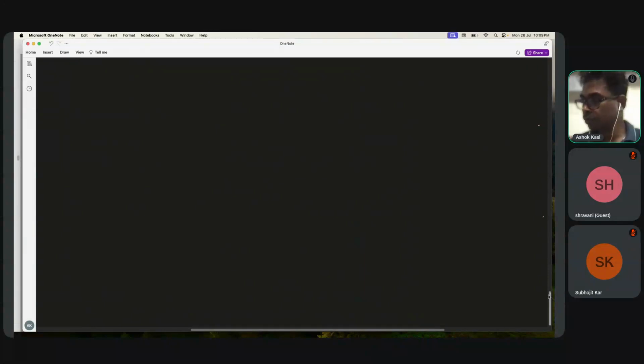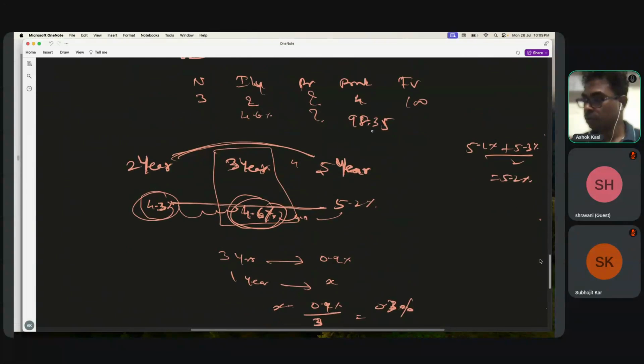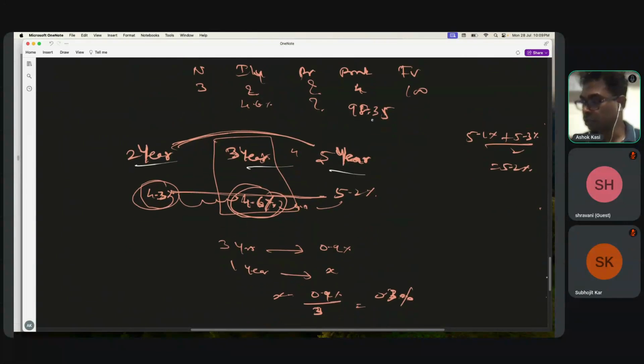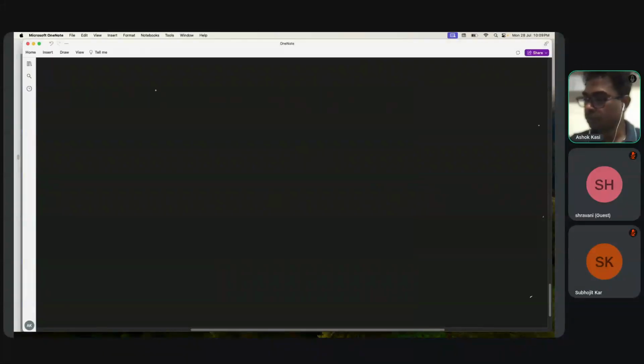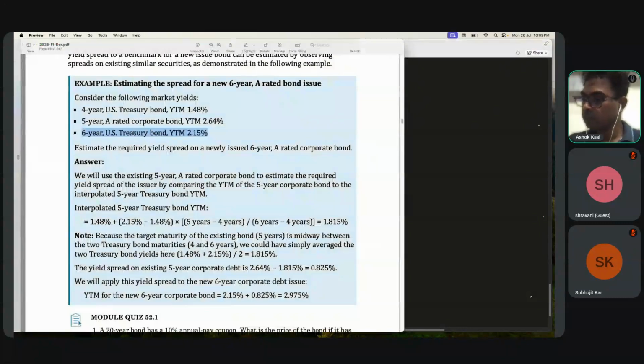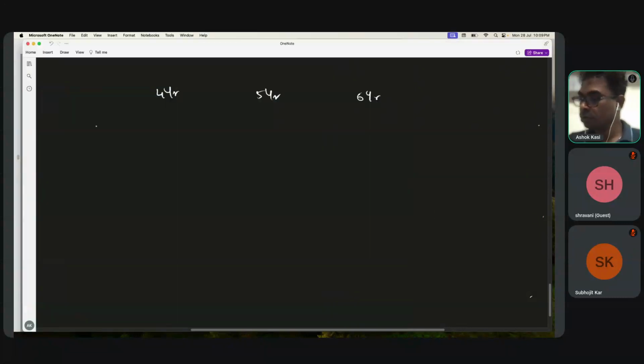So in the same way we will do now. Earlier it was 2, 3, 5 years; similarly, 4, 5, 6-year. So treasury bond and corporate bond. The 4-year treasury bond yield is 1.48.